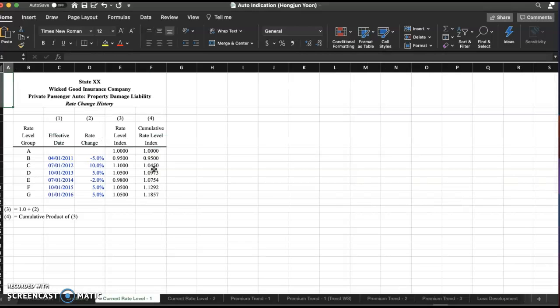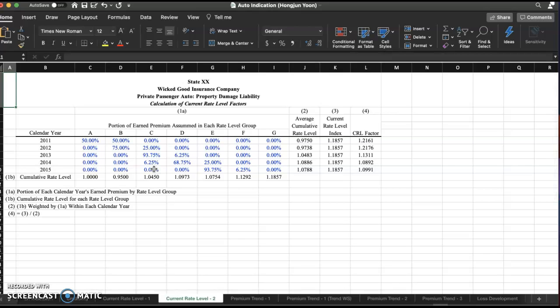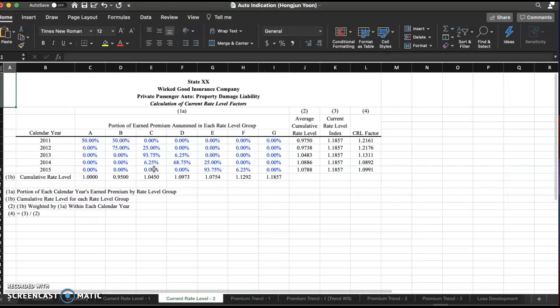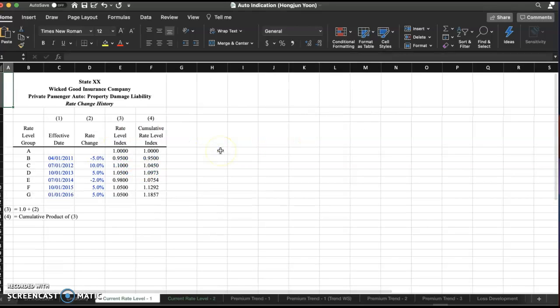For the current rate level, it details the calculation of the current rate level factors using the parallelogram method. Our cumulative product of rate level index gives us the most recent rate level index, which will lead us to find the factors.